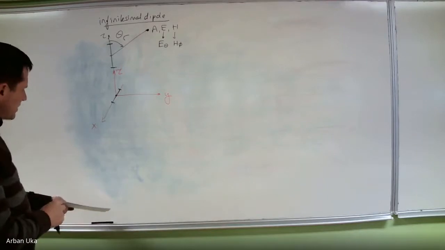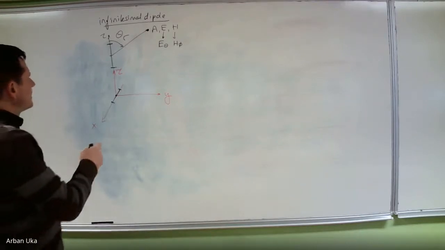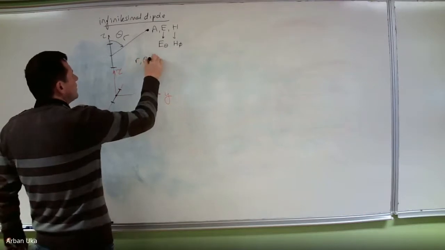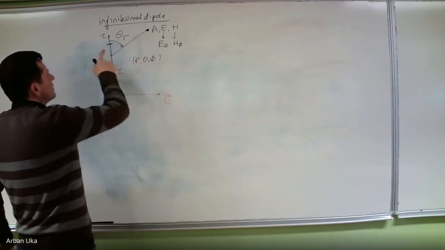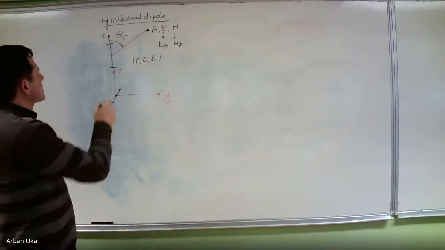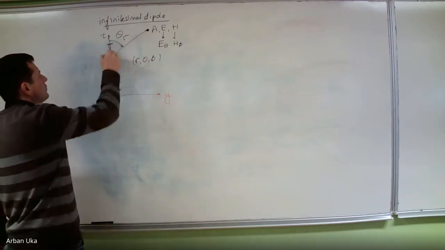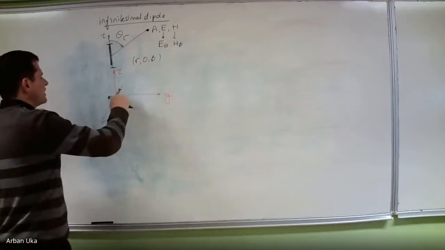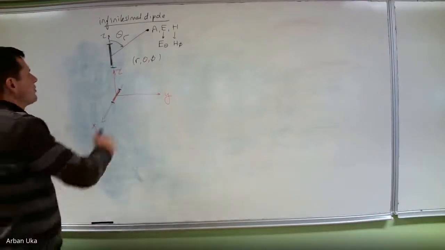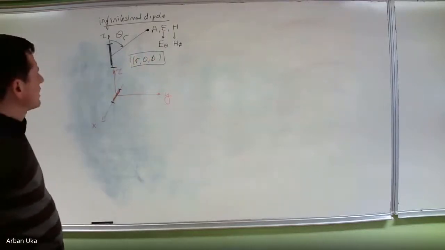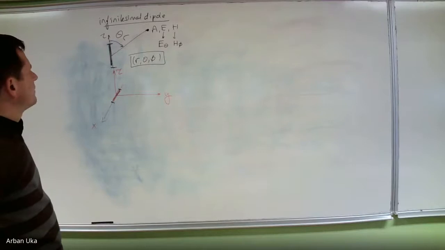The dipole is oriented differently, but the spherical coordinate system is still going to be r, theta, phi. These are two different combinations, but what is common between the two orientations is that they have the same spherical coordinate system: r, theta, and phi.